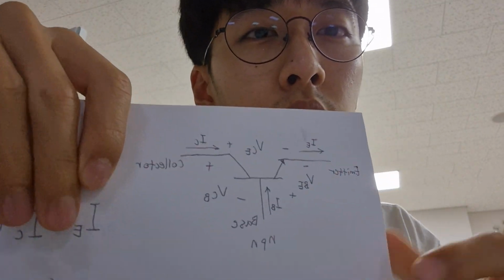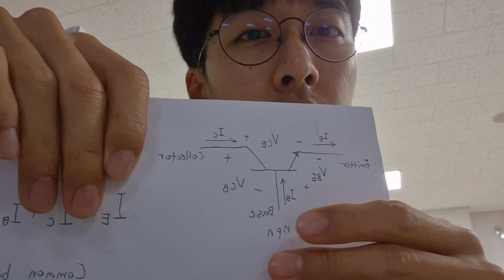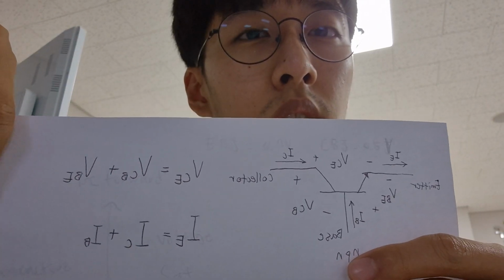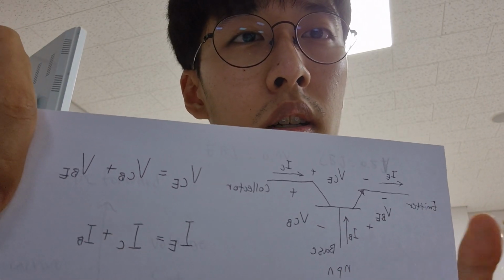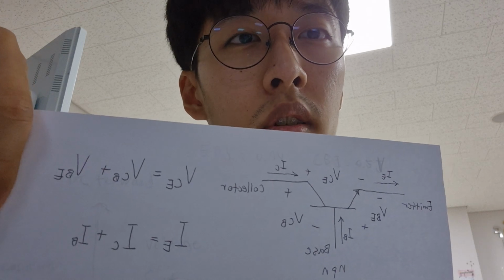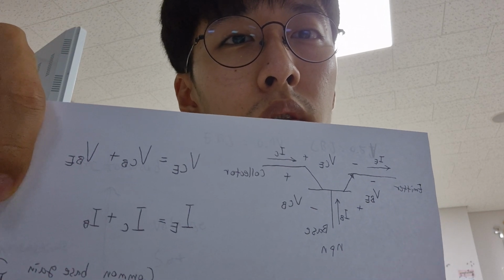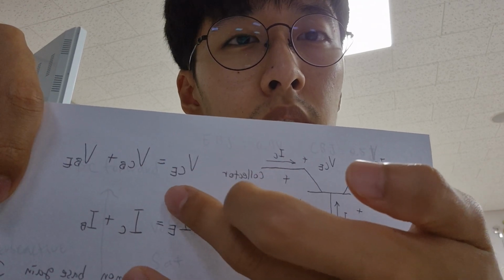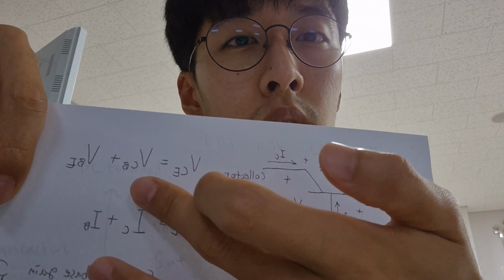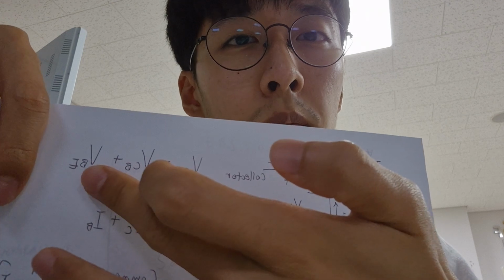And on this structure we can think about Kirchhoff's current law and voltage law. So VCE is equal to VCB plus VBE.